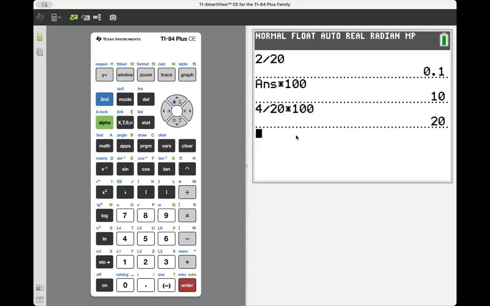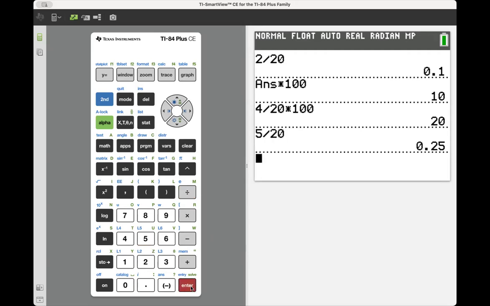Okay, 4 patients in the sample had 1 symptom. That's 20%, 0.2 or 20%. 5 patients in the sample had 2 symptoms. That's 0.25 or 25%. And we continue that with all the data that was provided to us.